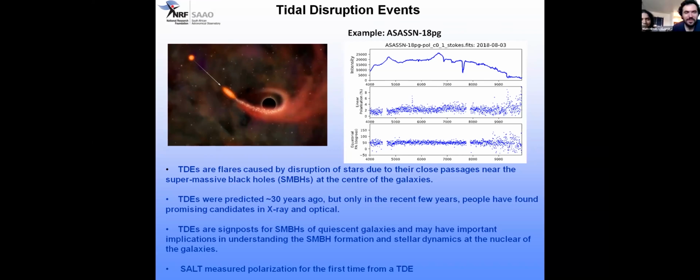I'm really not sure what one would expect from a polarimetric signature. I guess it depends on the geometry of the passage, how we're seeing it, but it's not a topic that I'm familiar with. Okay, fair enough.